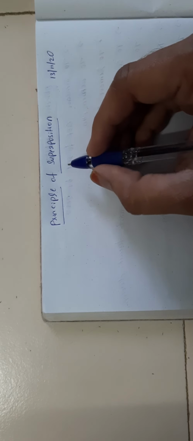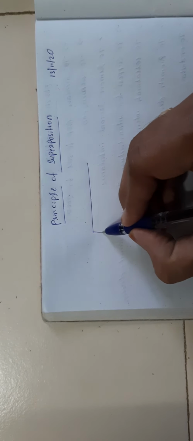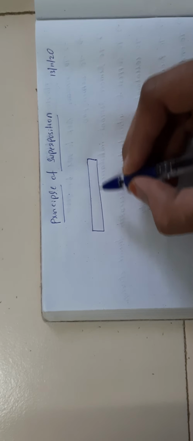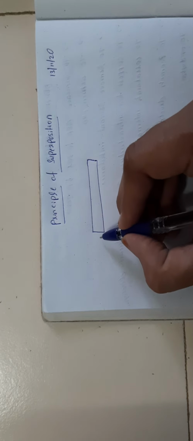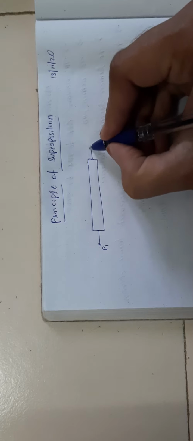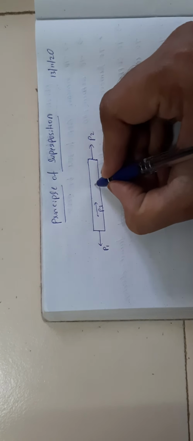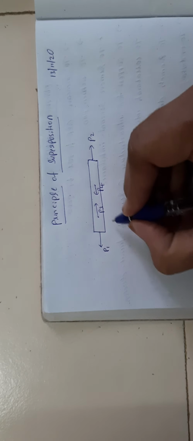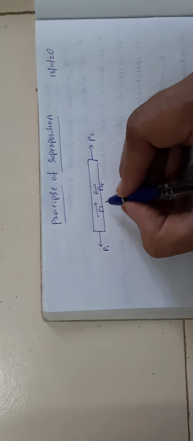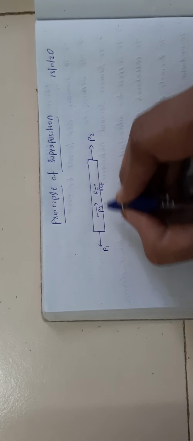Here the principle of superposition will be useful when you have a member. So for example, if you have a member like this, a rod or a bar, it is acted upon by different forces. Let us say I have force P1 here, P2 here, P3 here, and P4 here. So there are different forces acting internally, at intermediate points of the bar along its length.